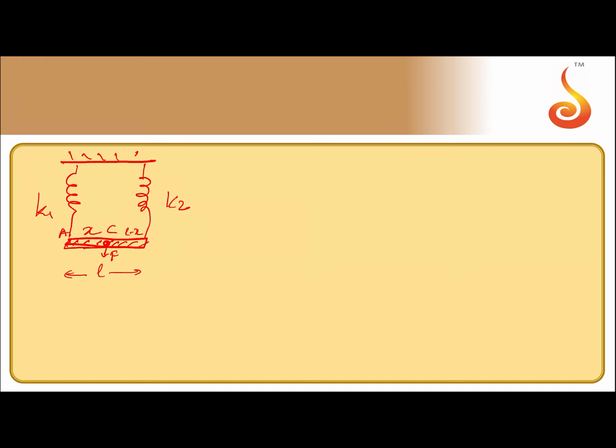Now also assume that x naught is the elongation of each spring. Because the same force is applied, we will assume that the system remains horizontal. So x naught is the elongation of this spring. Then let us consider the torque about C, this particular point.